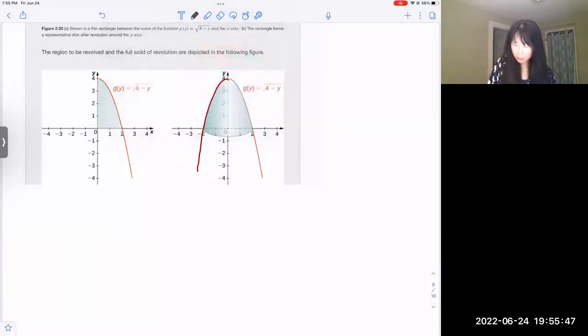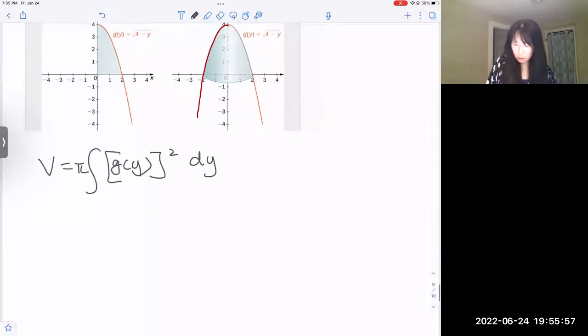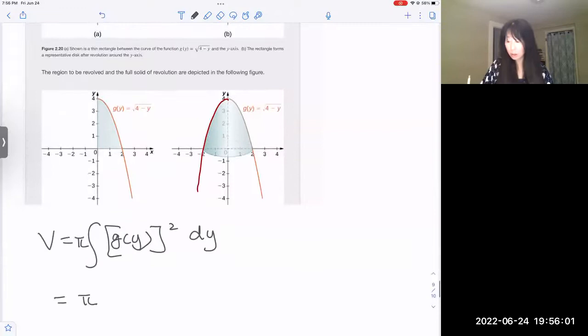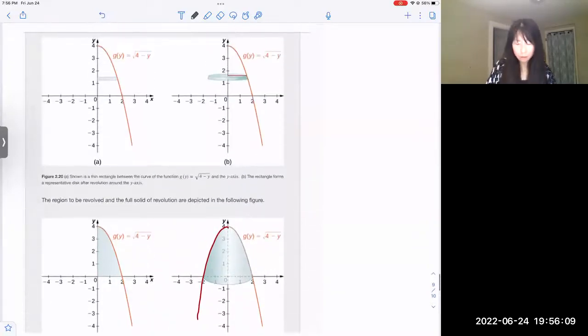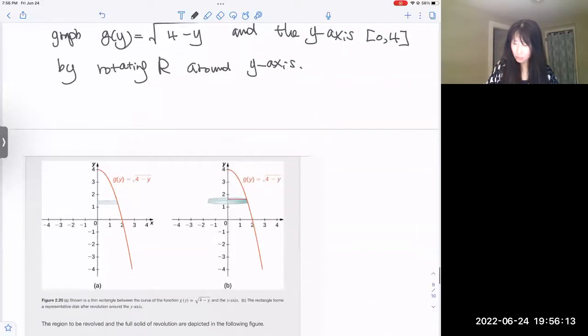We set up the volume: pi, we have g of y, quantity squared, dy. All right, then pi, the square root of 4 minus y, and we have the interval 0 to 4.